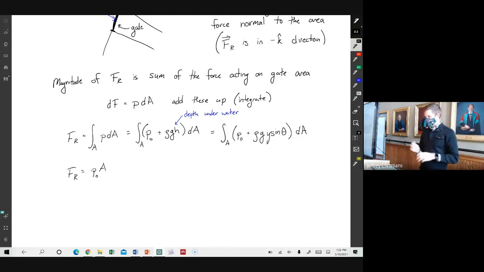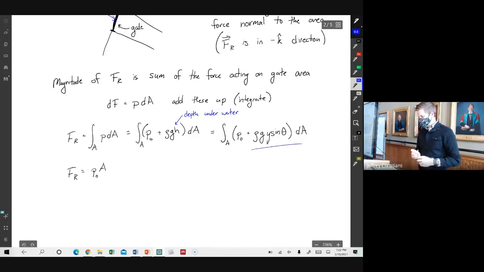Most of that second term is just a constant. Density, constant. Gravity, constant. Sine theta, constant. Y is our dimension, so we can't pull that out, but let's pull everything else out. So this is equal to plus rho g sine theta times the integral over our area of y dA.